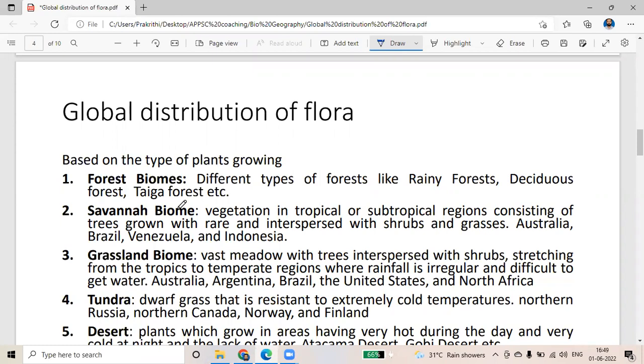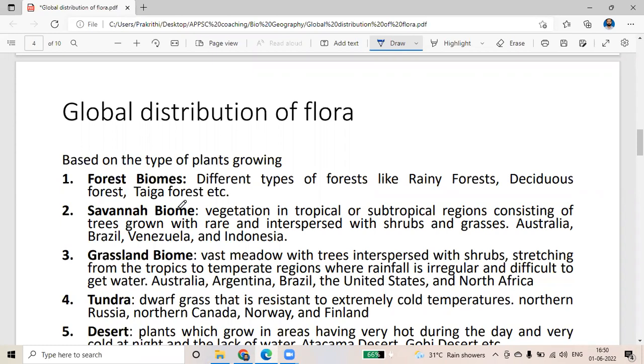Most of the area is covered by grasslands, stretching across Australia, Argentina, Brazil, the US, and North Africa. The main thing here is that rainfall is irregular. There is enough rainfall, but it is irregular. So big trees will not be many, but the soil has moisture to feed small plants. That is why there are so many grasses.